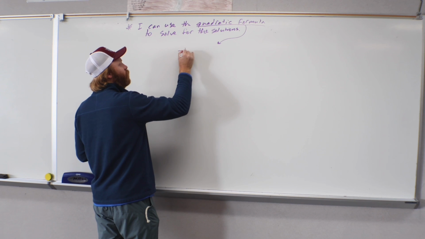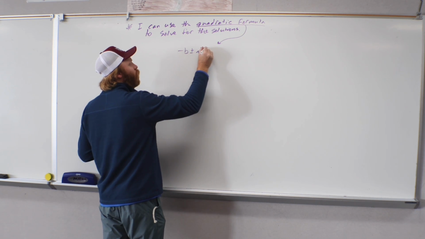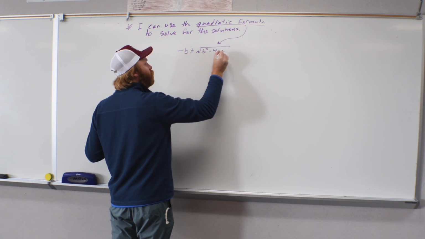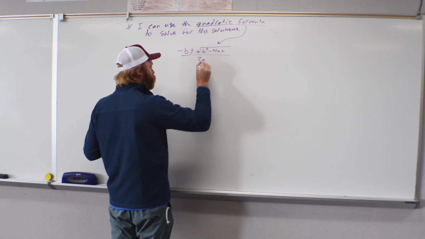That's going to be opposite of b plus or minus the square root of b squared minus 4ac all over 2a.